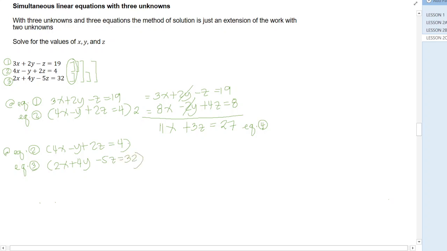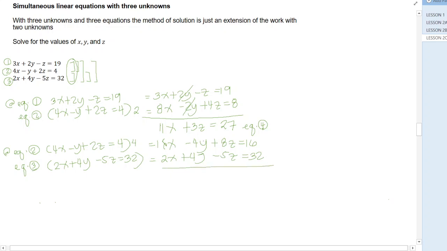We are going to multiply equation 2 by 4 so that y will be cancelled. Multiplying by 4 gives us 16x minus 4y plus 8z is equal to 16. Then we copy equation 3, 2x plus 4y minus 5z is equal to 32.